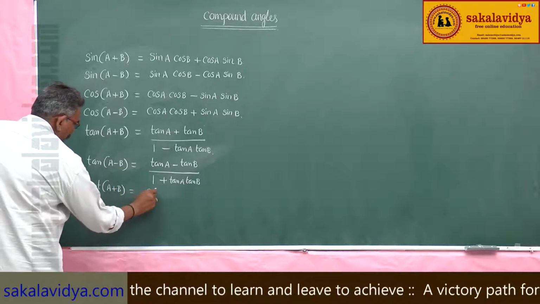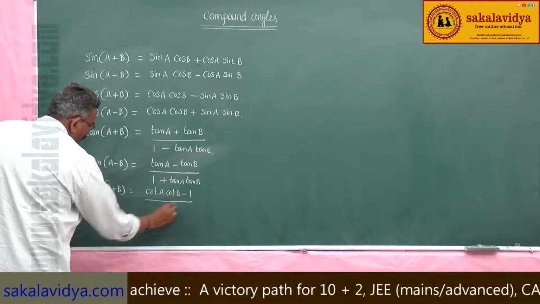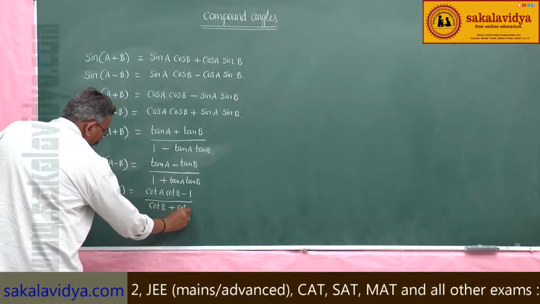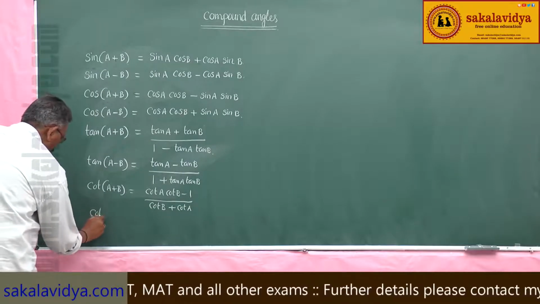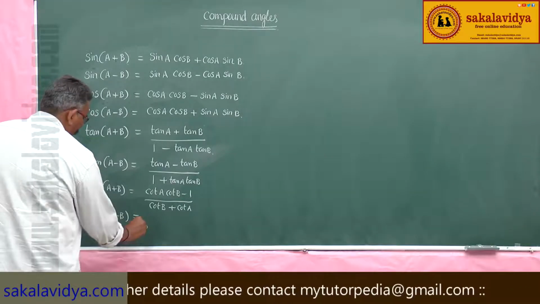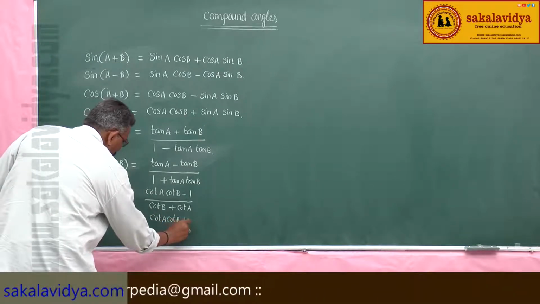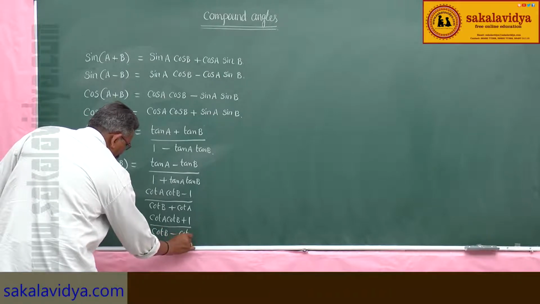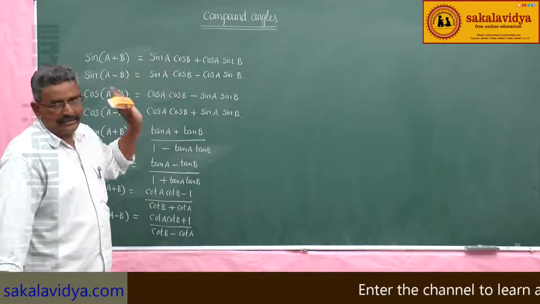Cot of A plus B is cot A cot B minus 1 by cot B plus cot A. Now, cot of A minus B. Cot of A minus B equal to cot A cot B plus 1 by cot B minus cot A. Okay. So, these are the basic formulae in compound angles.